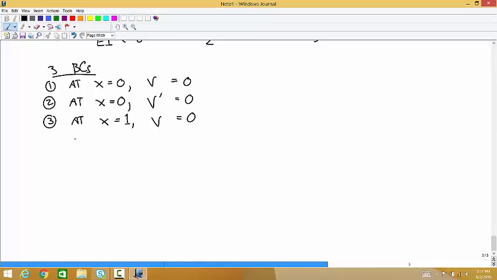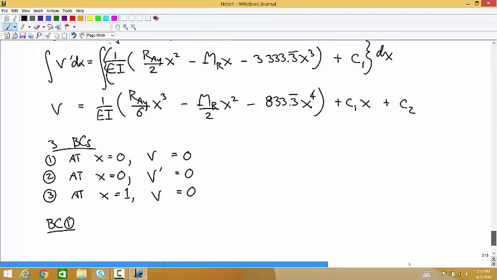Okay, so boundary condition 1. Plug in 0 for all the x's. So v of 0 is equal to 1 over EI times all of this is 0 plus 0 plus C2, and that has to be equal to 0, so C2 is equal to 0.